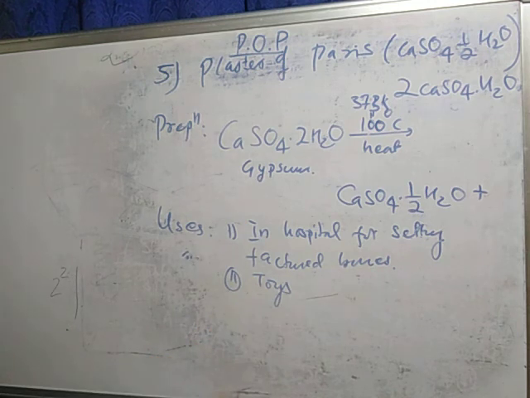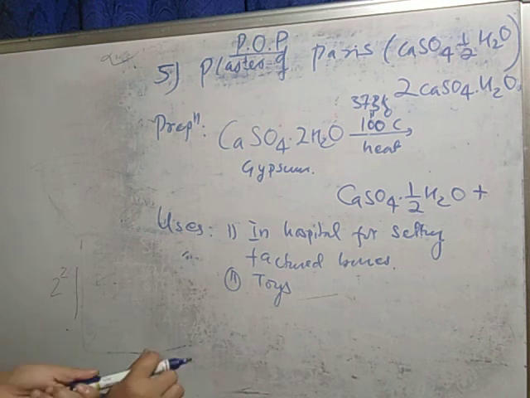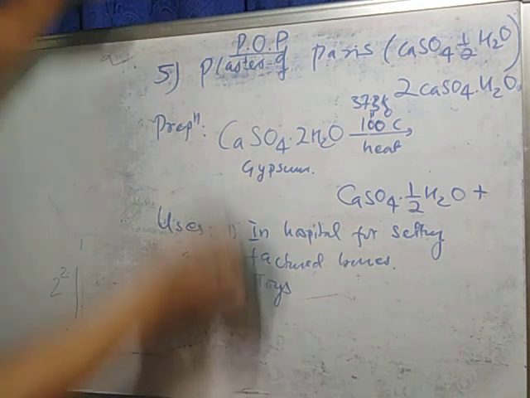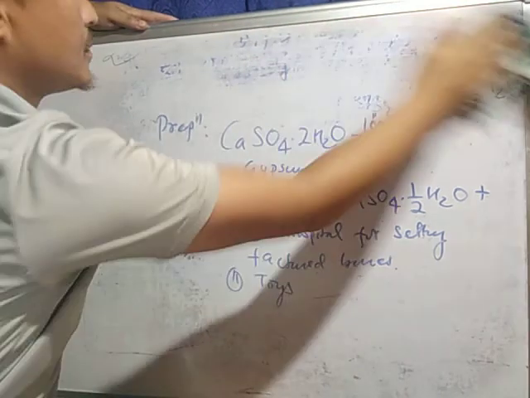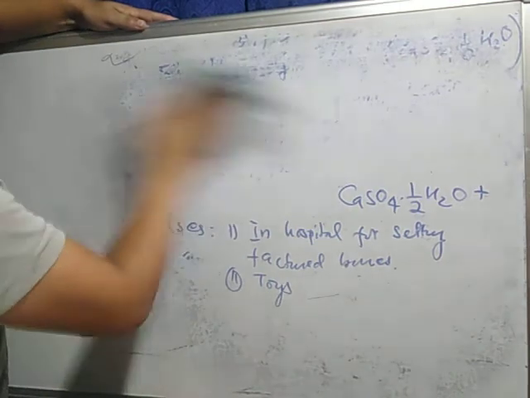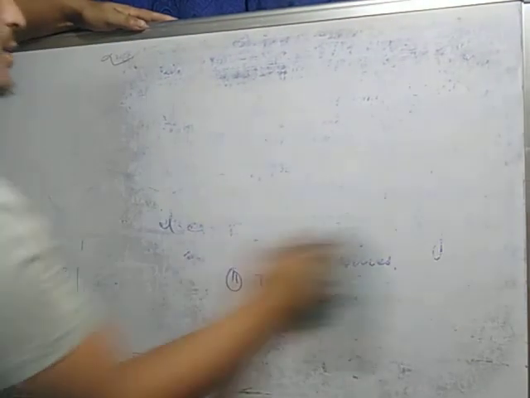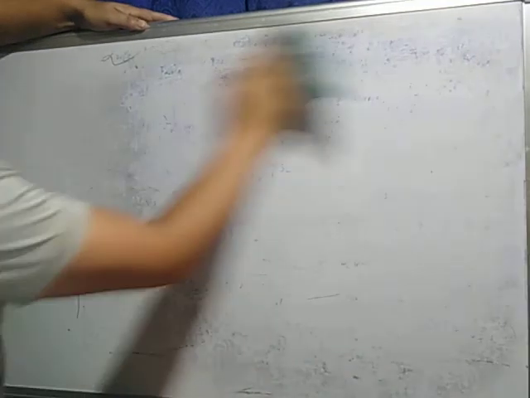And so many uses are there, you can see any book. So this is what the chemicals from common salt are. Clear? Now we have one topic left, then we will complete our chapter, that is water of crystallization.